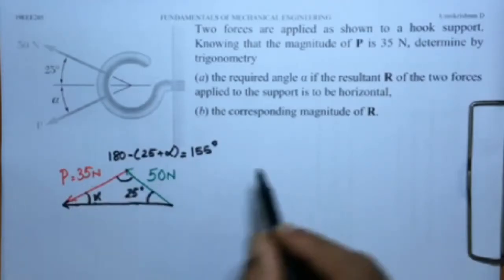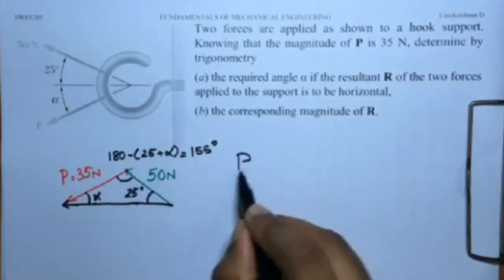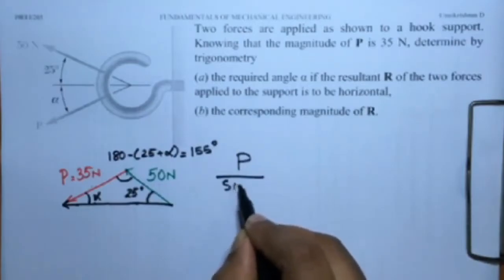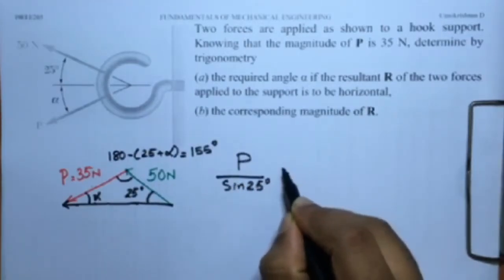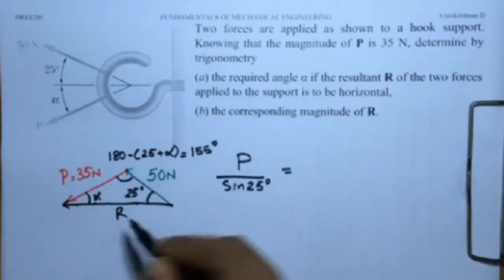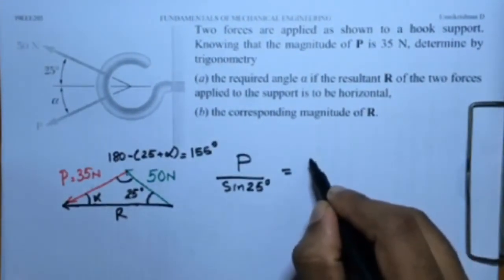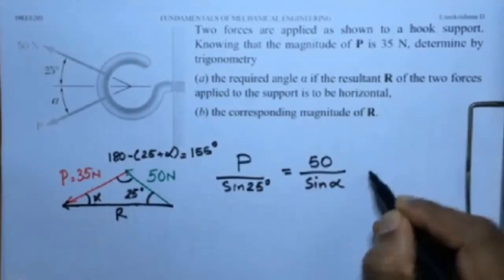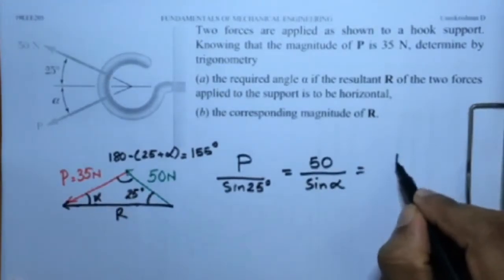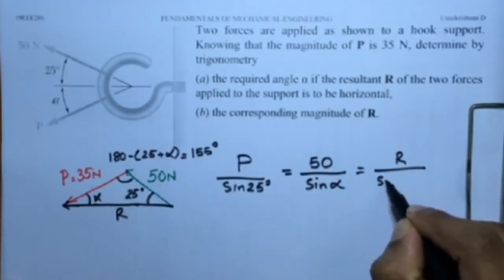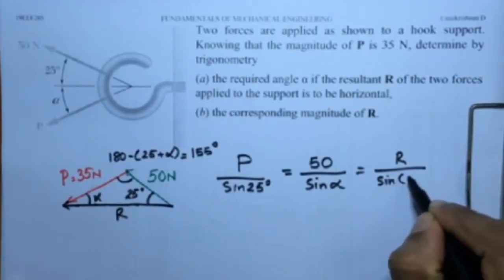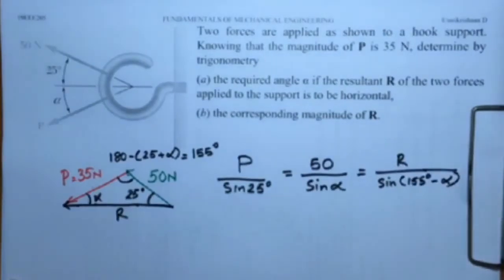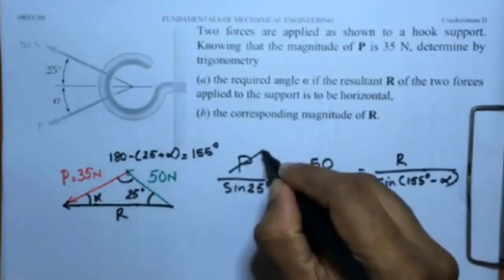So, here in this case, the equation will look like P divided by sine 25 is equal to 50 Newton divided by sine of alpha is equal to R, the resultant, divided by sine of 155 minus alpha.